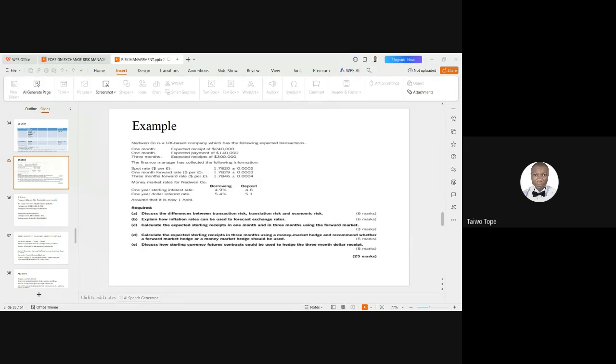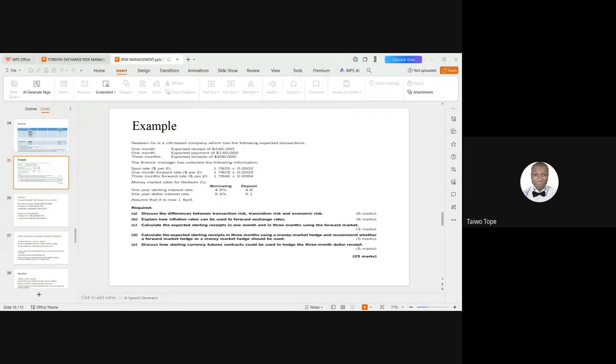So you go and solve this aspect. Then discuss how sterling currency futures contract could be used to hedge the 3 month dollar receipt. This is a discussion, so please go and solve these D and E parts.